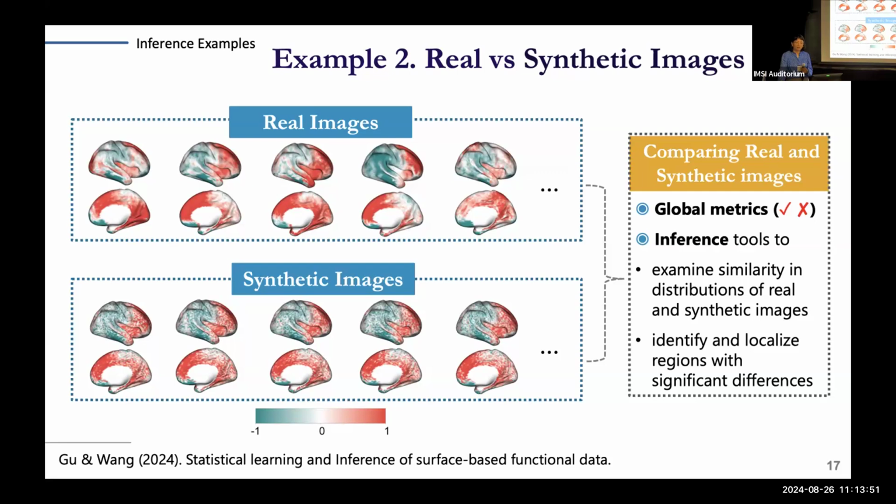However, they tend to show the overall similarity without giving you the detailed effect of differences. So what we try to do here is a more granular analysis, building inference tools to examine exactly where the difference is.